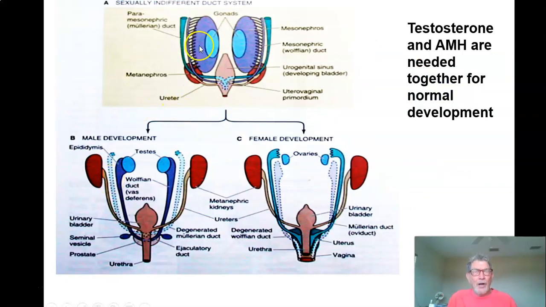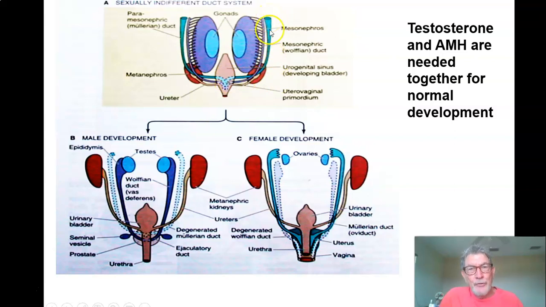So here we have our primordial gonads, and you've got 2 sets of ducts. Here's the Wolffian ones. They're actually attached to the primordial gonad. So if this becomes a testis, the vas deferens is attached to it. The Mullerian ducts are not attached to it and never will become attached to it.